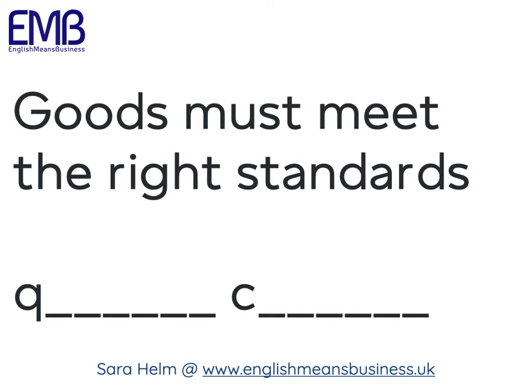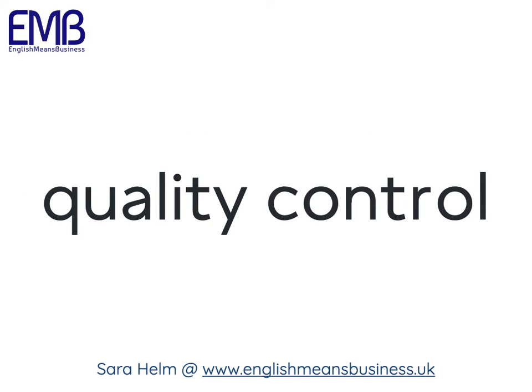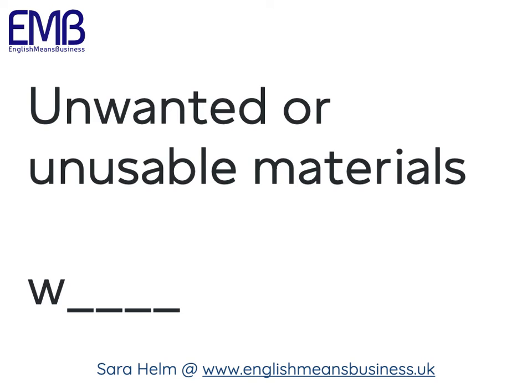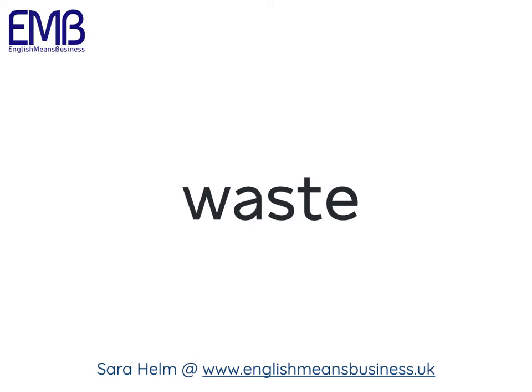The finished goods themselves must meet the right standards, and that checking process is called quality control. Not every good meets the standard required, and unwanted or unusable materials are called waste.